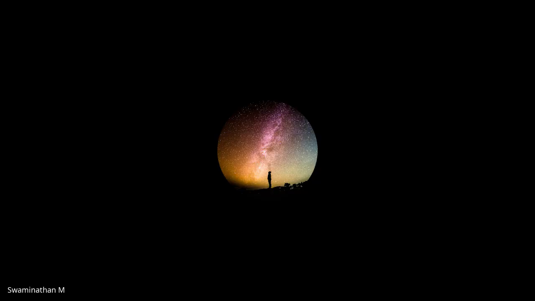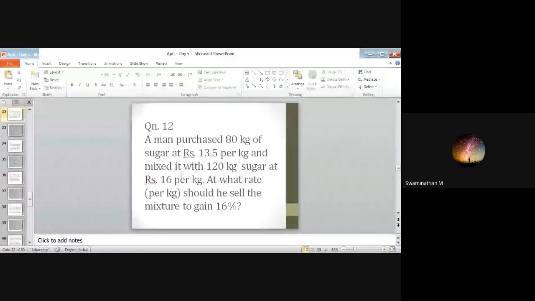I repeat, this is the cost price: 80 kg of sugar at rupees 13.5. Multiply this, you will get an amount, and this is also cost price. He is mixing these two quantities of sugar. You will get the total cost price, and you have the gain percent. With the cost price and gain percent, find the selling price. Direct formula substitution. Do it soon.